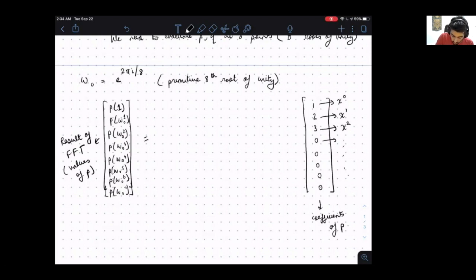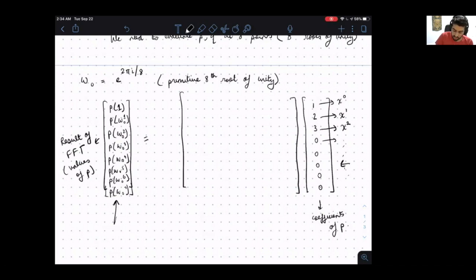And then finally, we'll have this big matrix over here that we're going to define such that we can take in the coefficients of p as some 8-dimensional vector, and spit out the results of computing the FFT, which is the values of p at our 8 roots of unity.